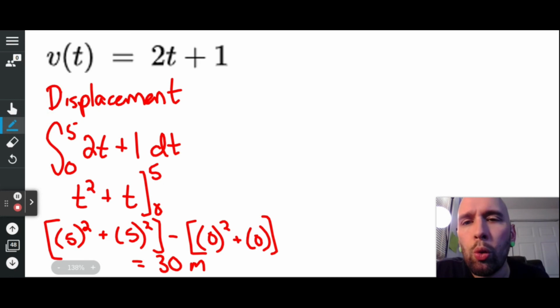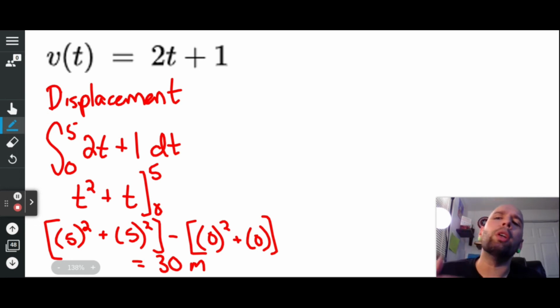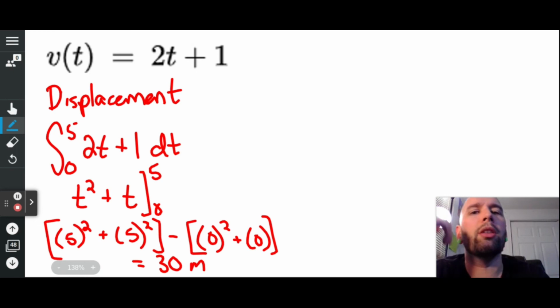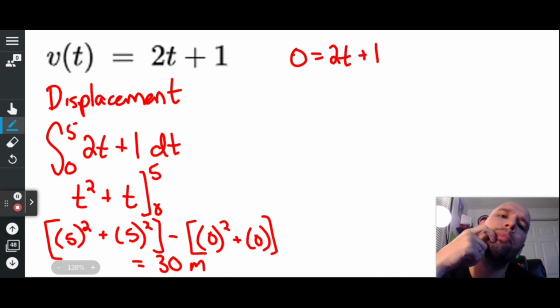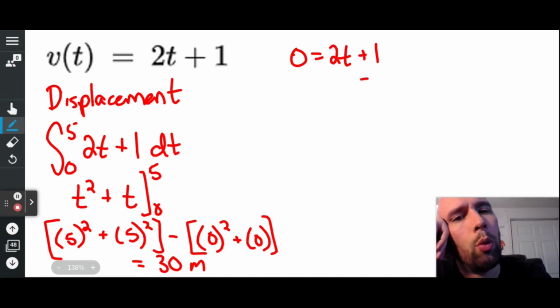You have to find out when your velocity is positive and negative, and you're going to treat your velocity like it is a derivative, and we're going to find critical points. So I'm going to set that equal to 0. 0 is going to equal 2t minus 1 plus 1. So I'm going to subtract 1, subtract 1.